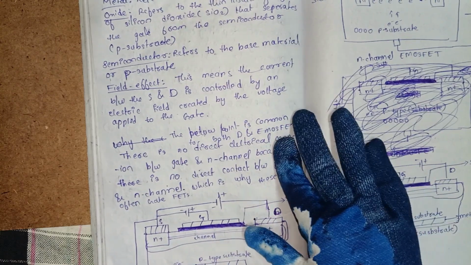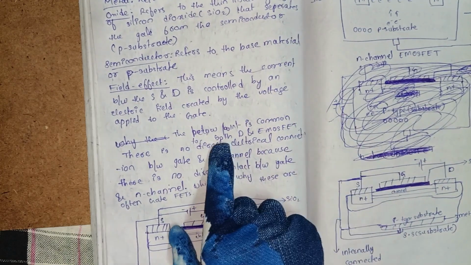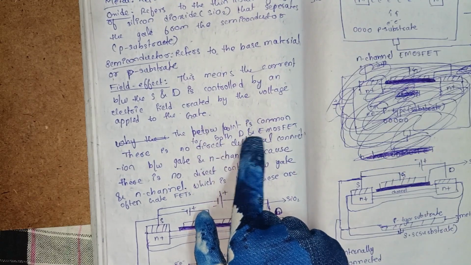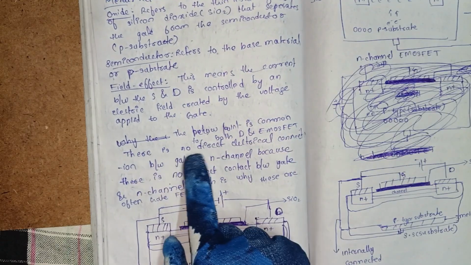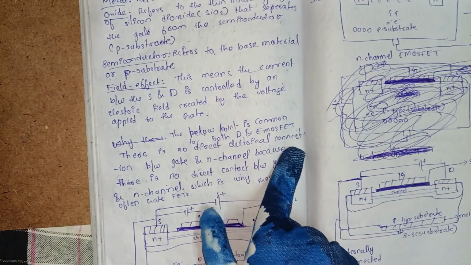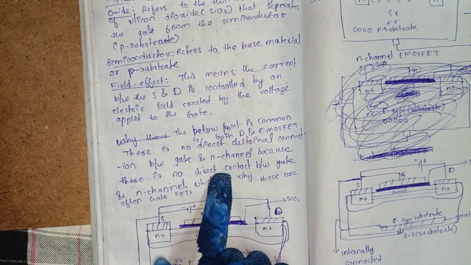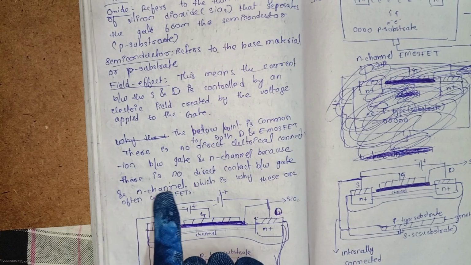Okay. Then the below point is common for both D and E MOSFET: there is no direct electrical connection between the gate and N channel, because there is no direct current between the gate and N channel.